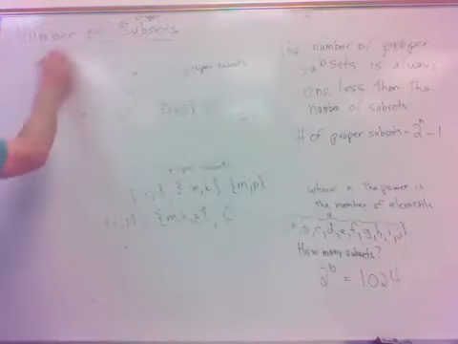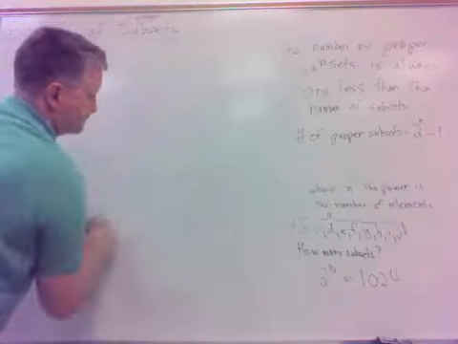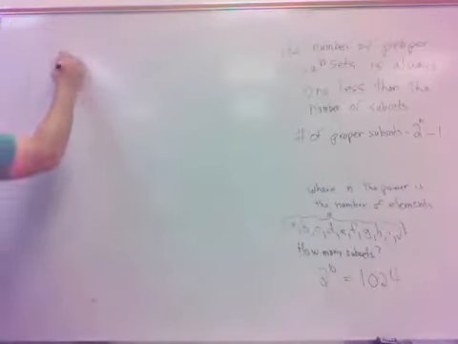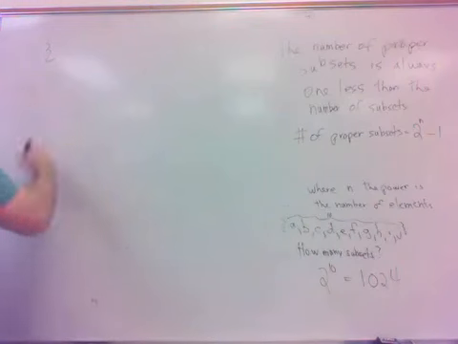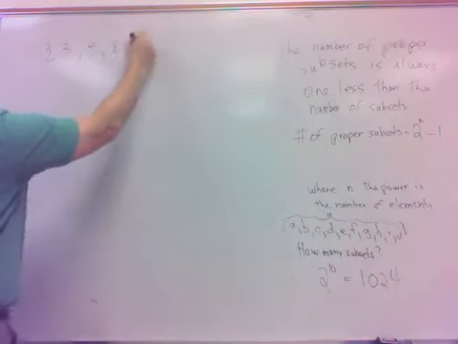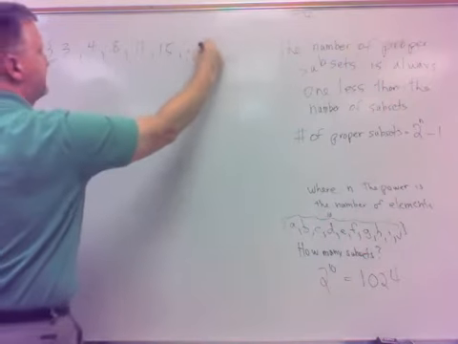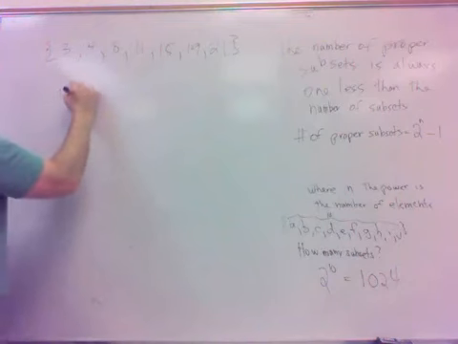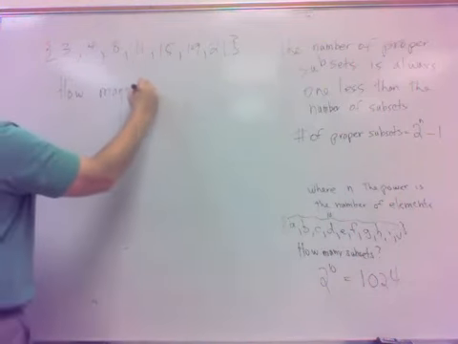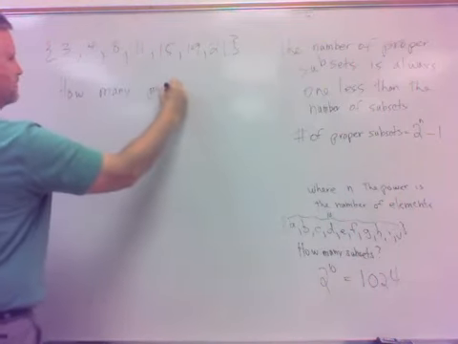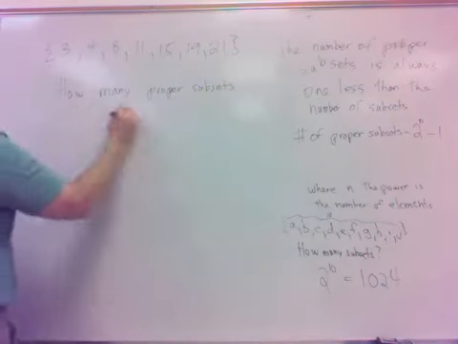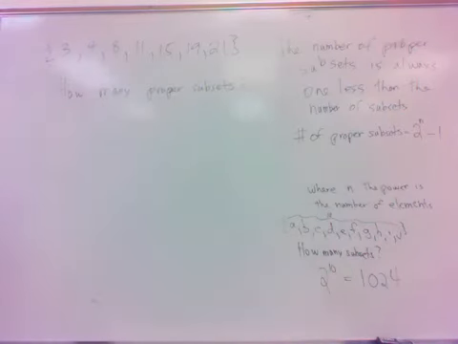All right, so let's do this. Let's say I have, let's pick, 3, 4, 8, 11, 15, 19, 21, just random numbers here. How many proper subsets does that set have?